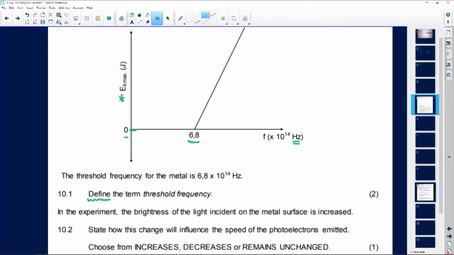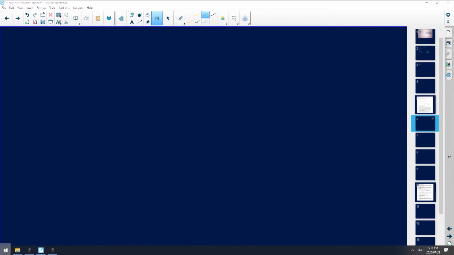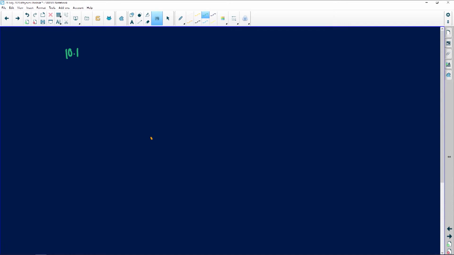So the first one says we must define the term threshold frequency. Now, this is how we define it. Remember, every time you are defining, the examiner is looking for certain terminologies. So this will be 10.1. I'm going to give you 2 definitions.